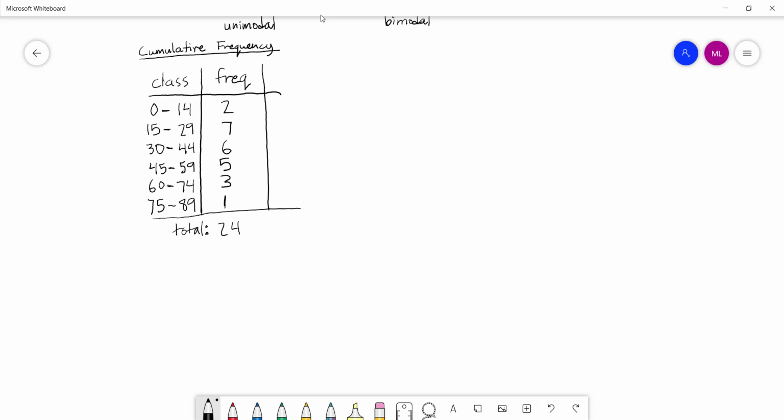The cumulative frequency is just going to be what we would get if instead of asking between 0 and 14 and seeing that there's 2, and then between 15 and 29 and seeing that there's 7, as we accumulate, we just want to accumulate the contents of each class as we go.